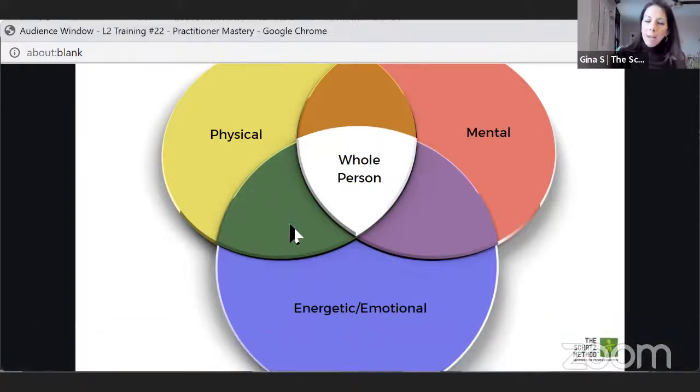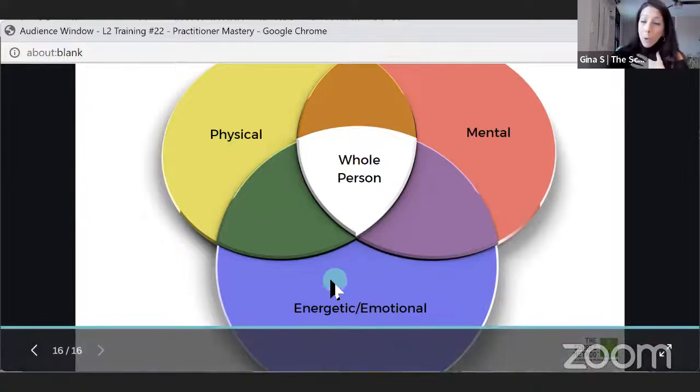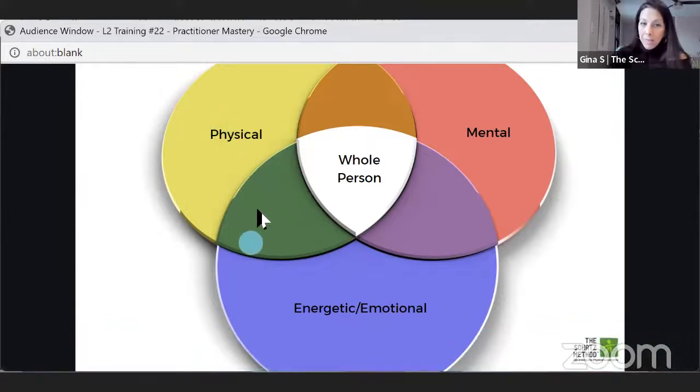So if I'm navigating someone's back or hip pain up here as a physical manual practitioner, but they have a strong emotional connection to the fact that they're never going to really ultimately be out of pain because their feeling about aging is stronger than the reality that we can actually navigate some mobility for them, then I'm actually navigating here in the green with them.